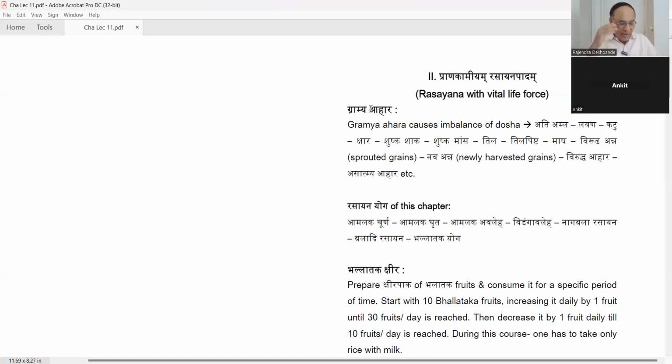Then in the third section, Karaprachitiya Rasayanpad, there is also Amalaka Brahma Rasayana. Then Lohadi Rasayana. Loha means iron, for anemia.